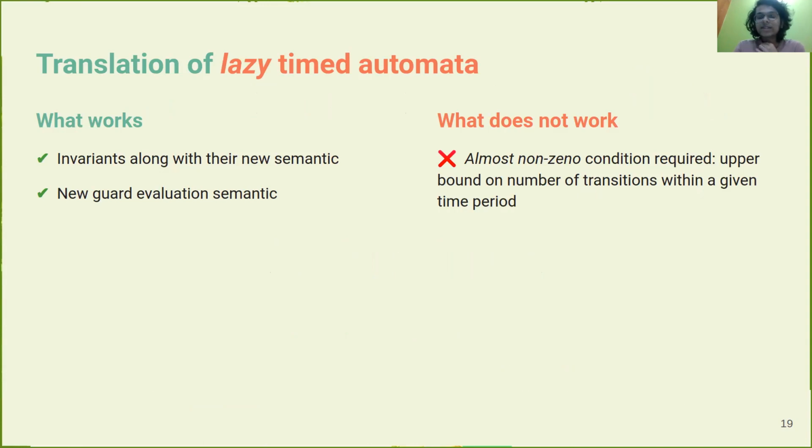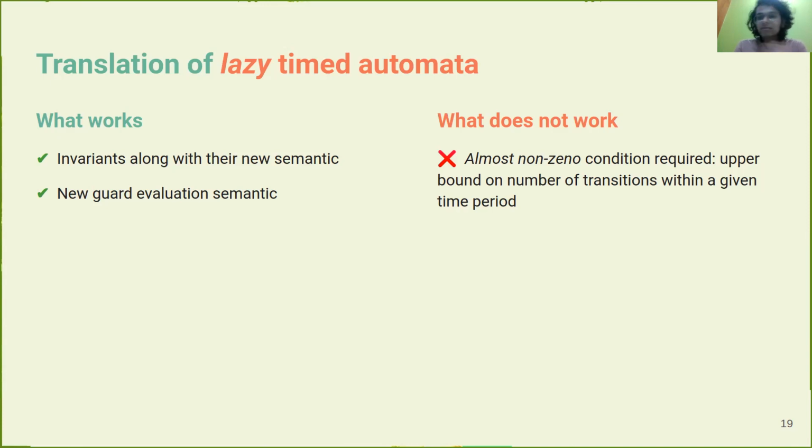Here, what I mean by lazy timed automata is just that a timed automata is basically a hybrid automaton where all the system variables evolve as clocks. That is, all of the system variables evolve at a constant rate of 1 in any given discrete location.